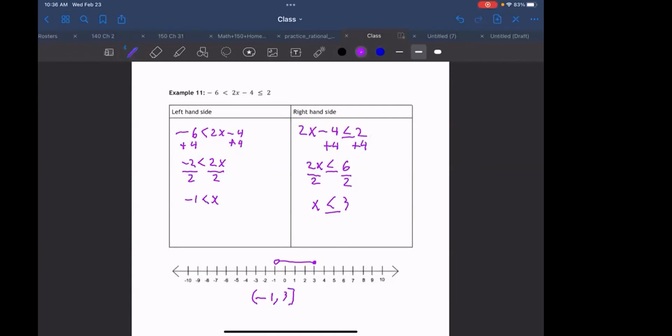I got Eldon to write his answer up. Do you kind of want to walk through the steps here?